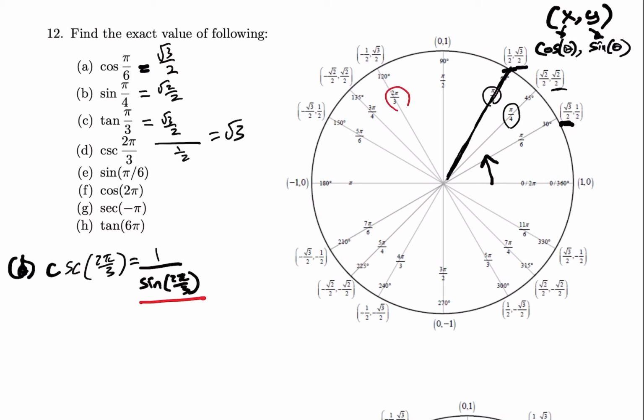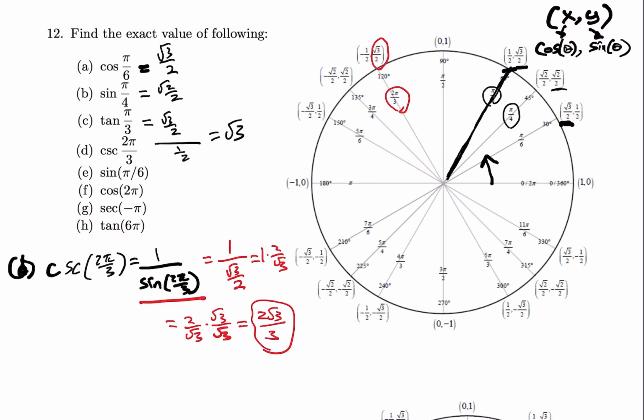This is the sine value. So we have 1 over square root of 3 over 2, which is the same thing as multiplying by the reciprocal. So we have 2 over square root of 3. We usually don't want a radical in the denominator, so we multiply by square root of 3 over square root of 3. We have 2 square root of 3 over 3 as the answer for D.